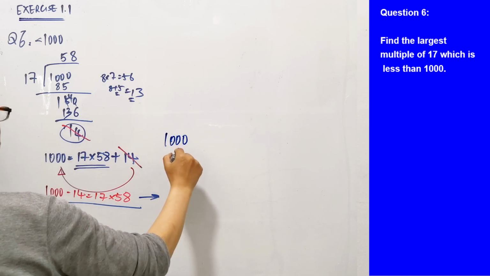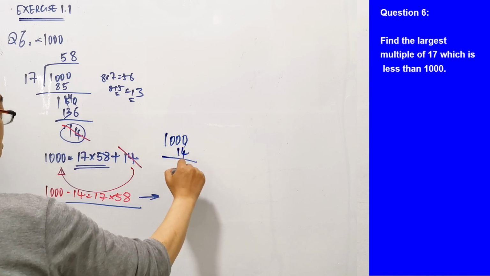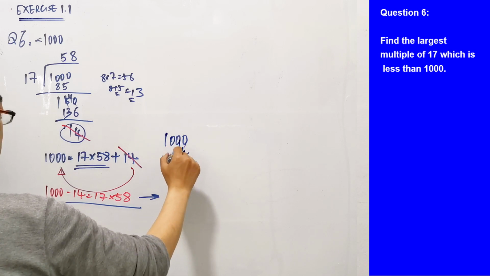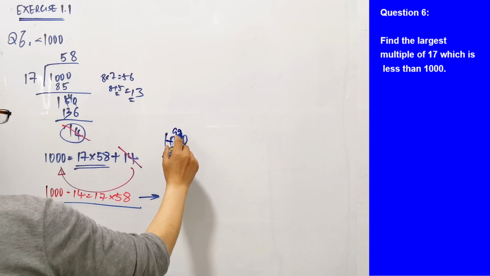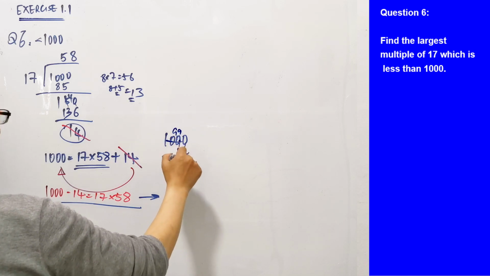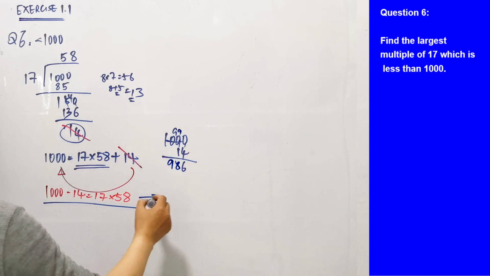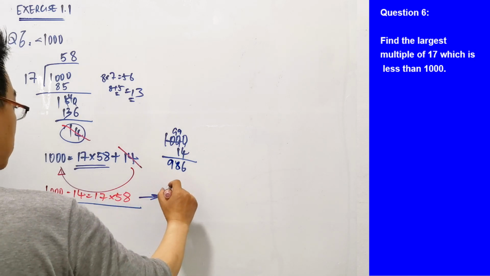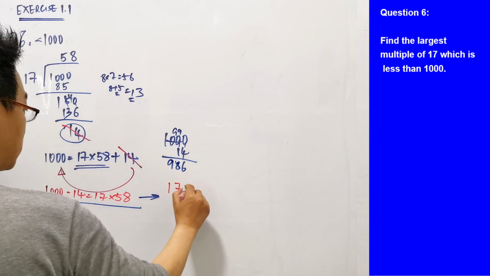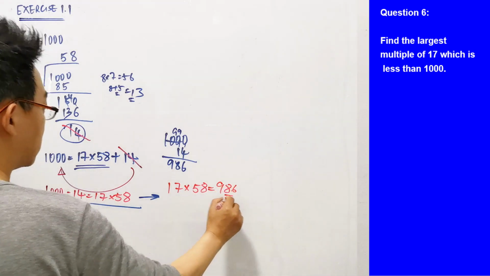So the bigger number is 1,000 minus 14. So here it's how much? 9 minus 14 is 986. In this case, we get the nearest multiple: 17 times 58 equals 986.